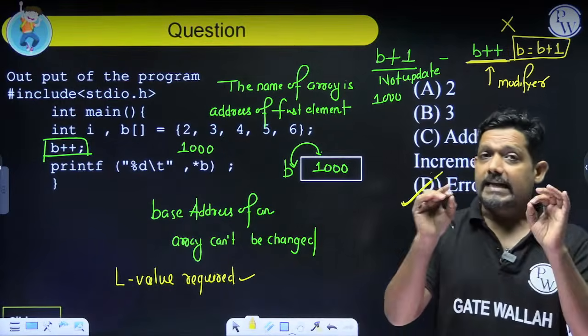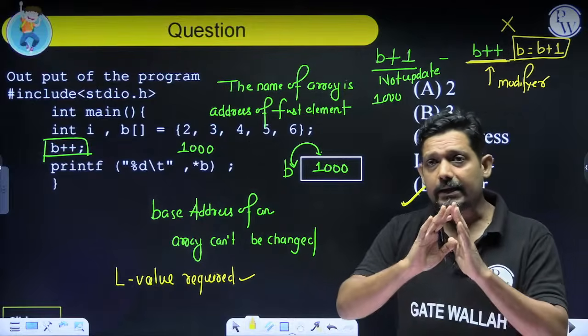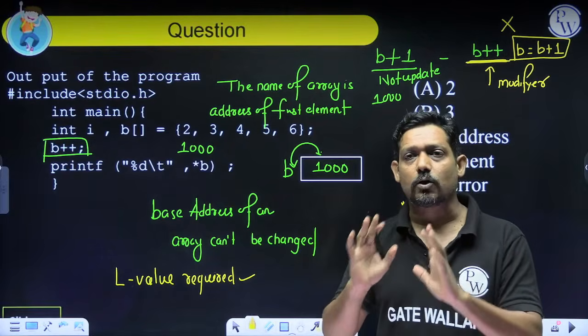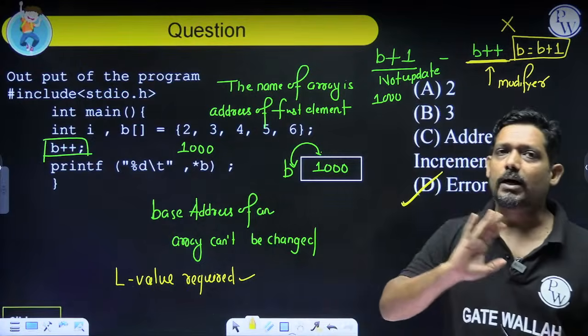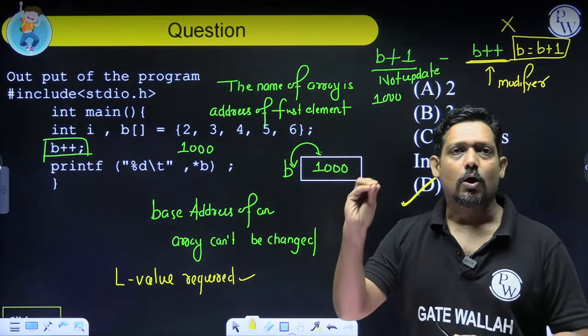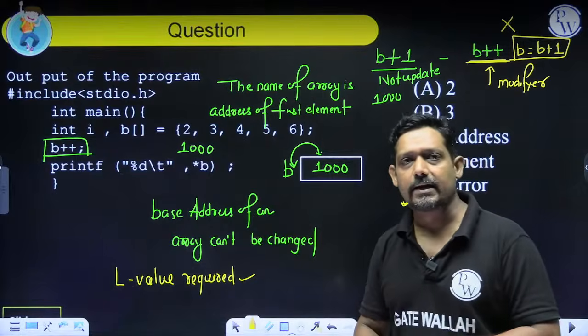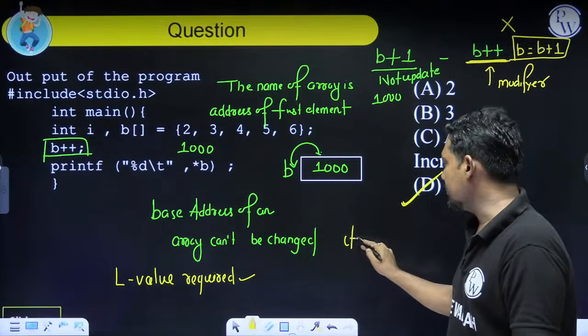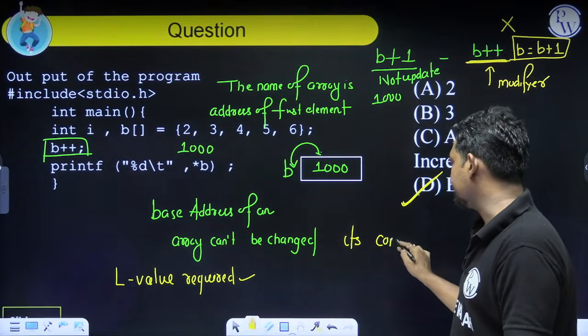L value means an address associated with a variable, not associated with any constant. So you cannot update the base address of an array. It is constant.